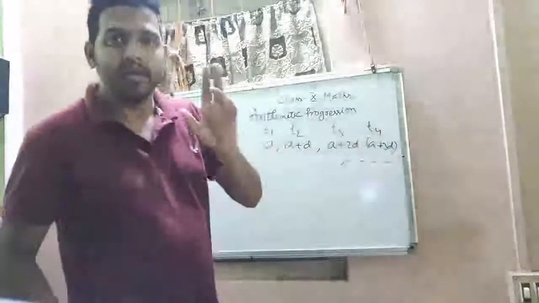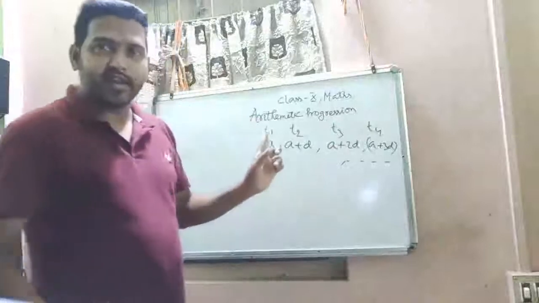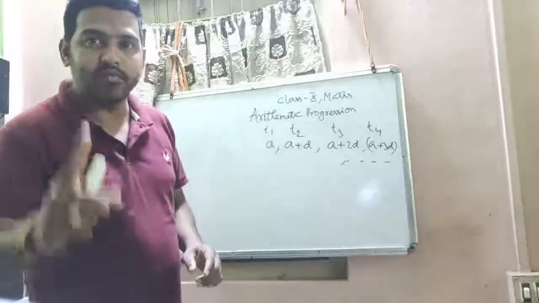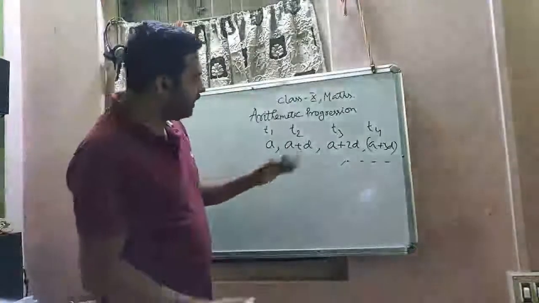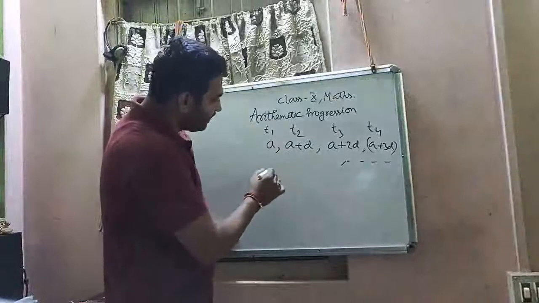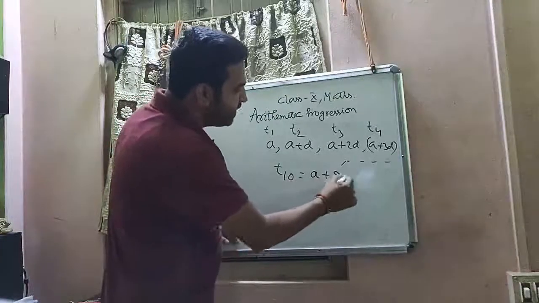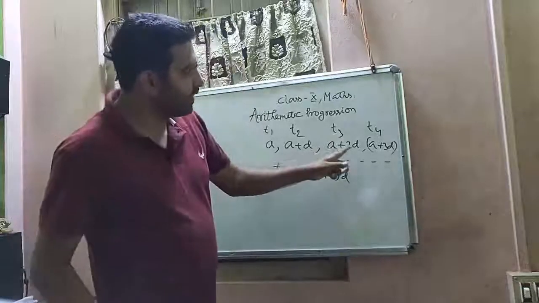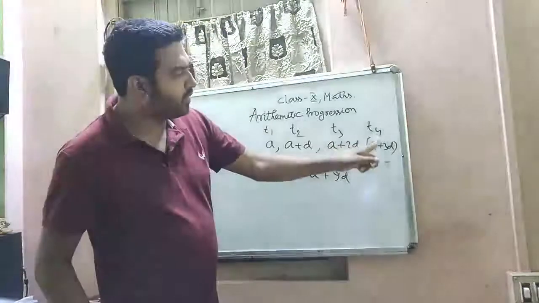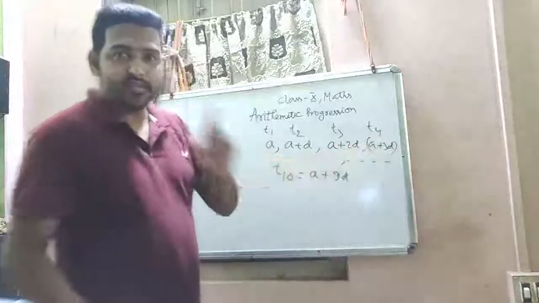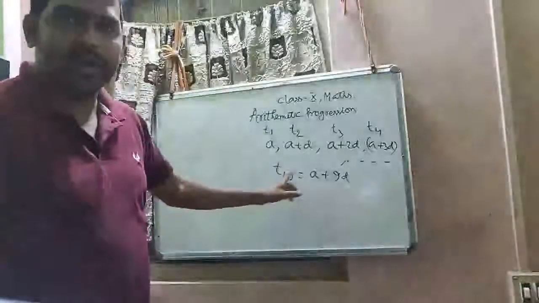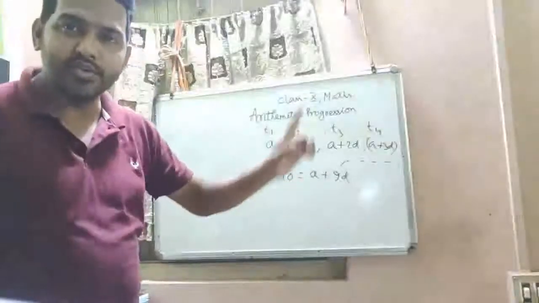That means first term is a, second term is a plus 1 time of d. So just see. Similarly, if we write the 10th term, that is going to be a plus 9d, because 3 minus 1 is equal to 2, 4 minus 1 is equal to 3. Similarly, the 10th term is going to be a plus 10 minus 1 into d.